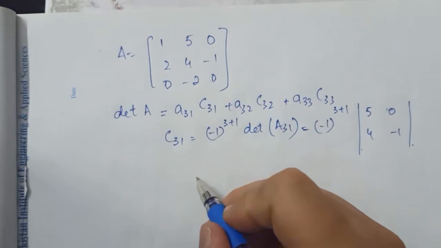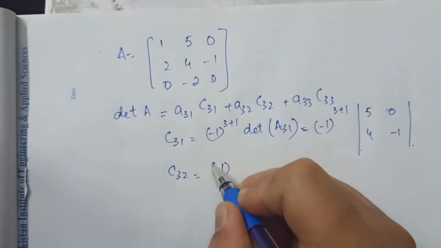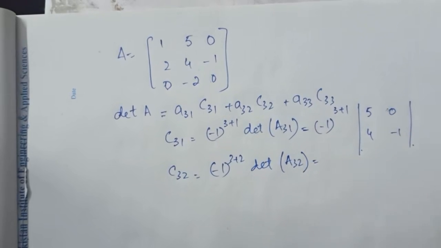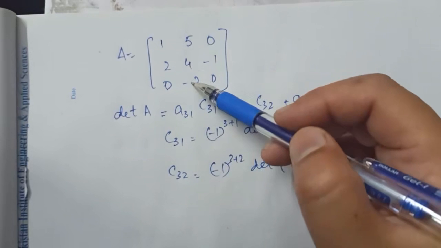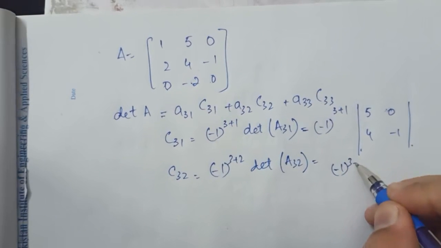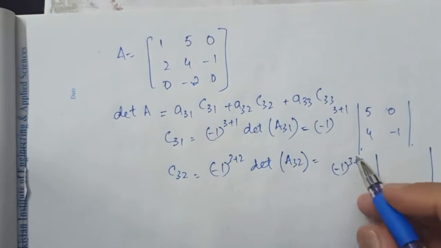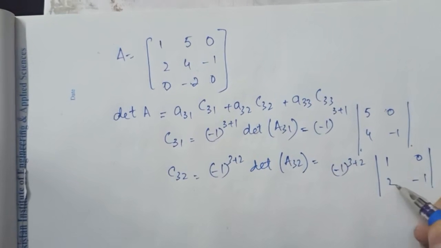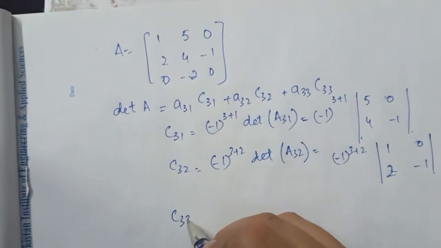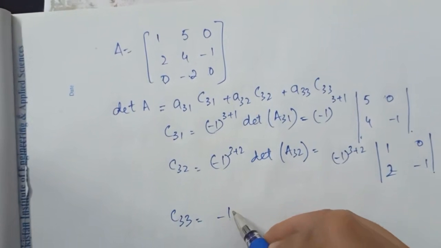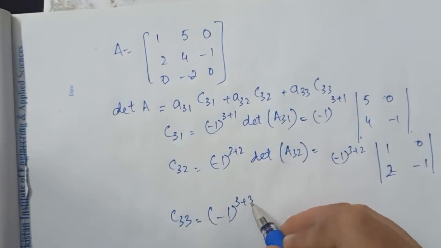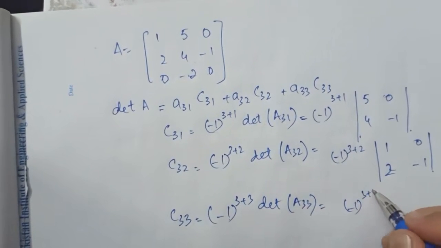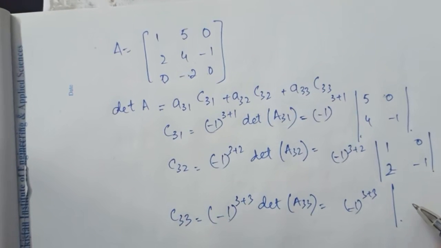Again, C32 can be written as minus 1 to the power 3 plus 2 times the determinant of A32, removing the third row and second column, which leaves 1 0, 2 minus 1. And again C33 is equal to minus 1 to the power 3 plus 3 times the determinant of A33, and you get the value here as 1 5, 2 4.